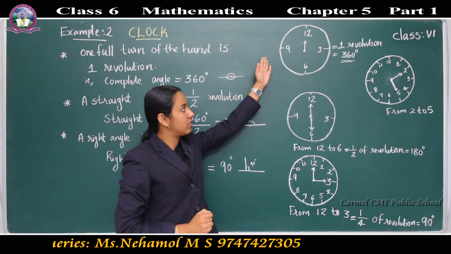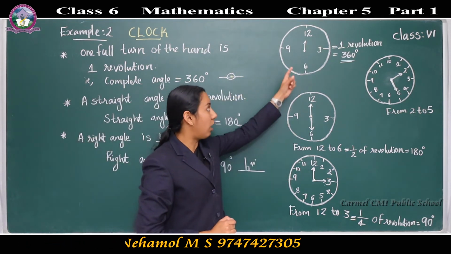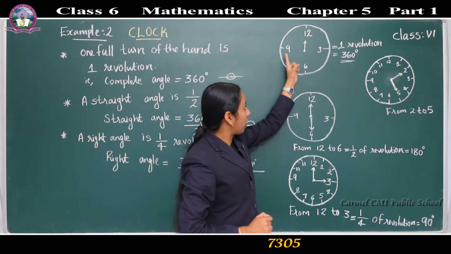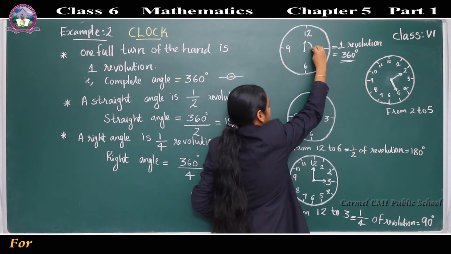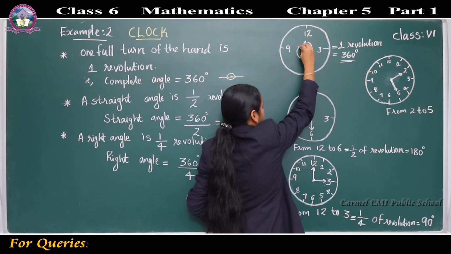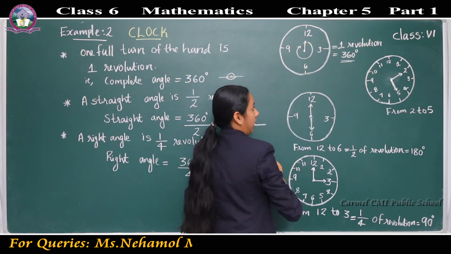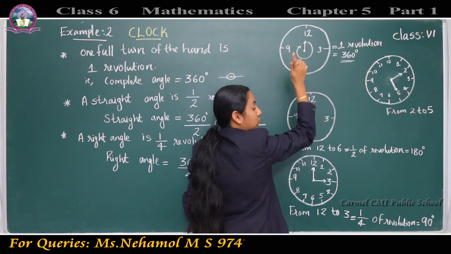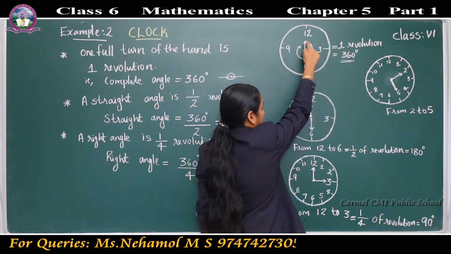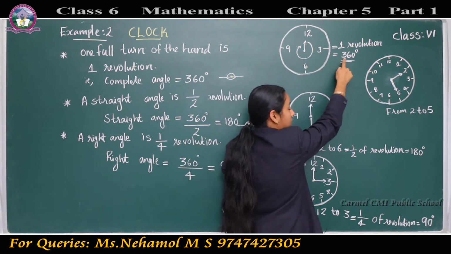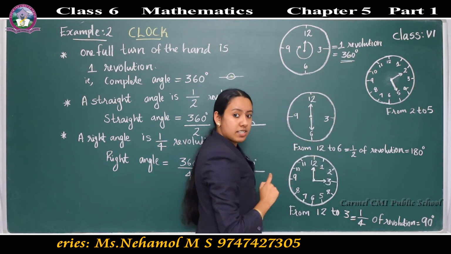Now consider the examples. Suppose the hour hand of the clock starts at 12 and goes around until it reaches 12 again. Then it completes 1 revolution. A complete angle value is equal to 360 degrees.